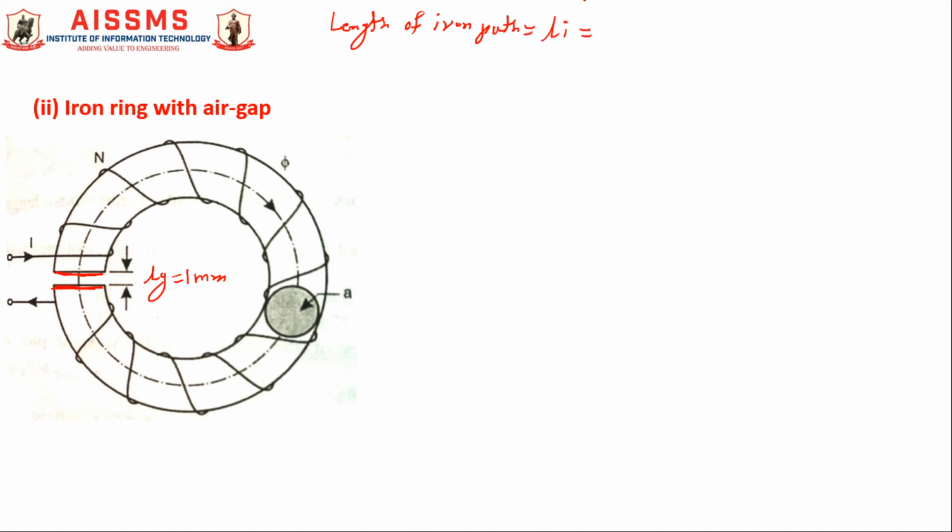It is equal to total given length, 25 into 10 raised to minus 2, minus 1 mm, which is 1 into 10 raised to minus 3. So here it is equal to 0.249 meter.